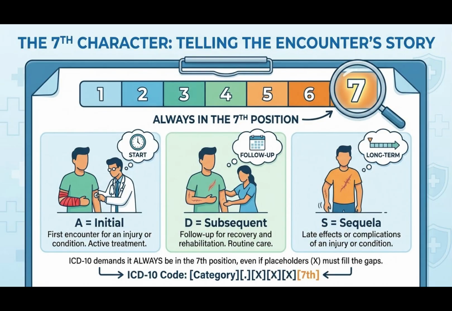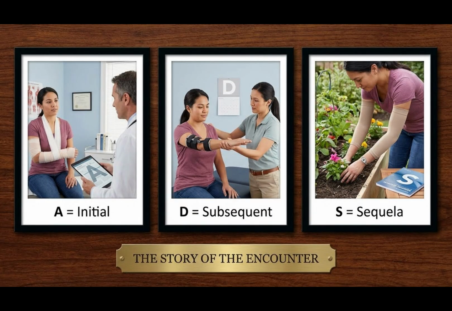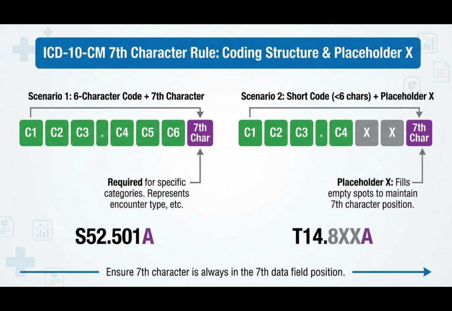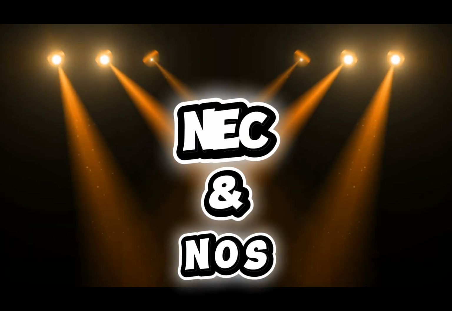If your category requires a 7th character, A, D, S, or others, that character tells the story of the encounter. A equals initial encounter, D equals subsequent encounter, S equals sequela. And ICD-10 demands it always be in the 7th position, even if placeholders must fill the gaps. Miss it once, and your code collapses.